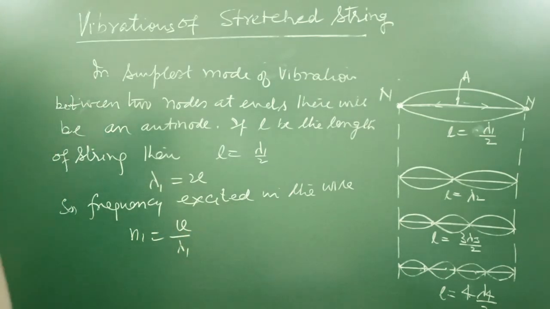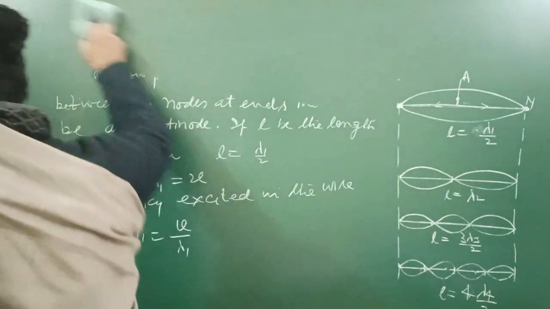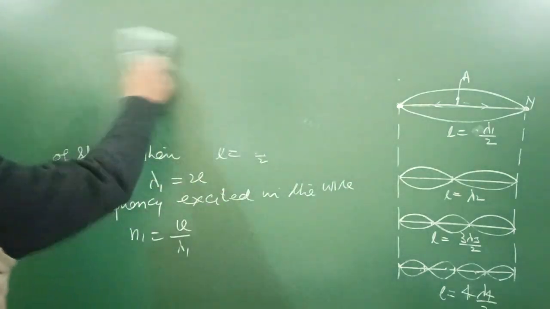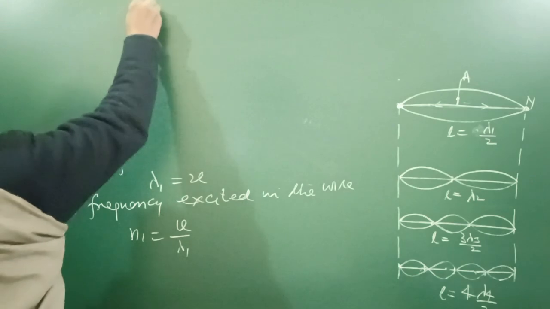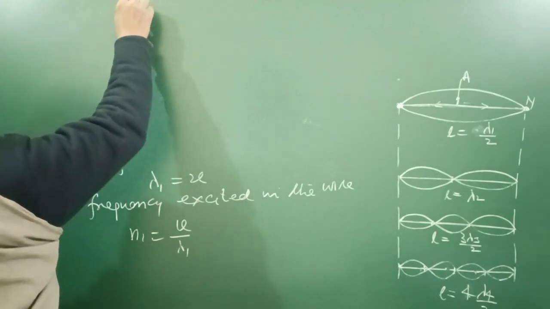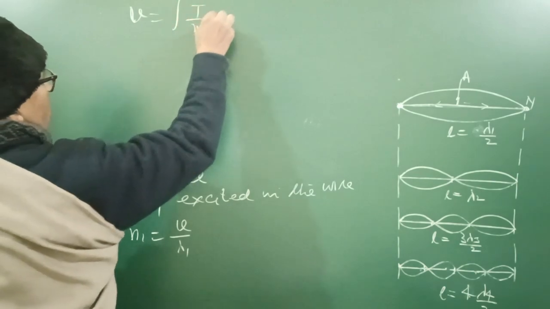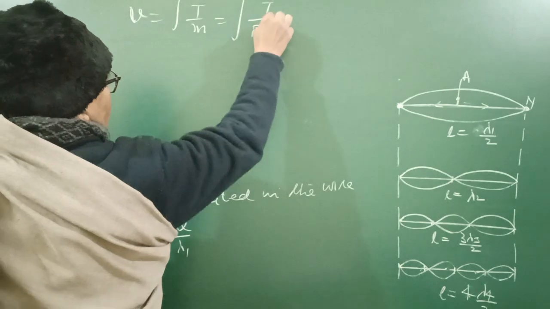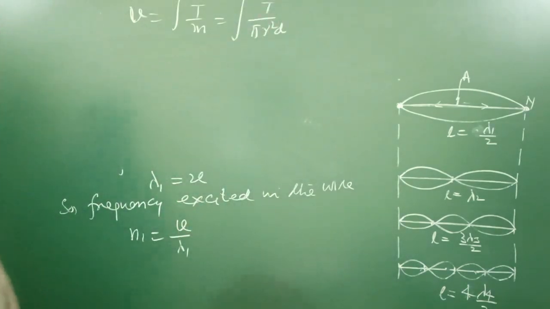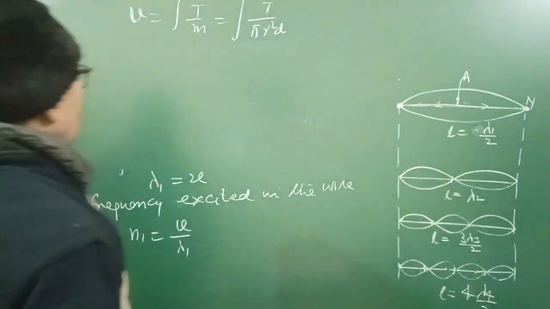We know in case of stretched string, the speed of transverse wave is given by V equal to under root T by M, or under root T upon pi r square D. D is the density and r the radius of the wire.